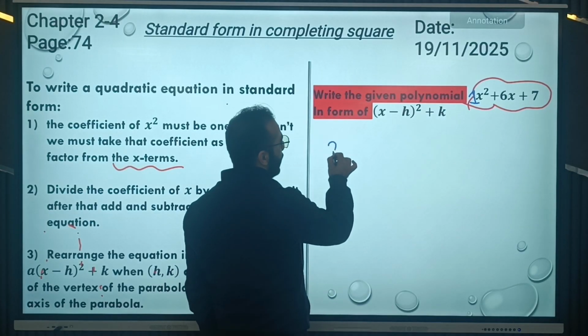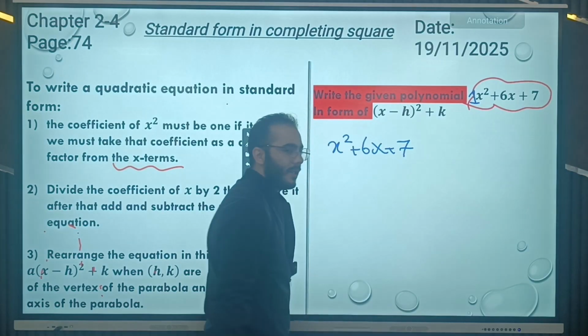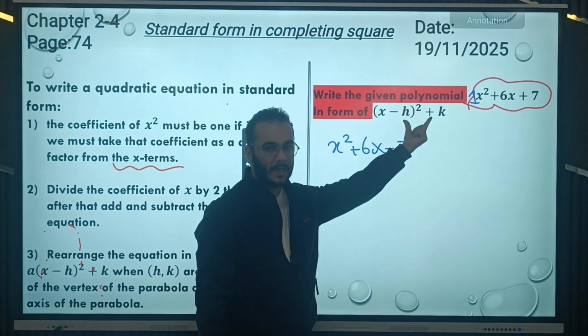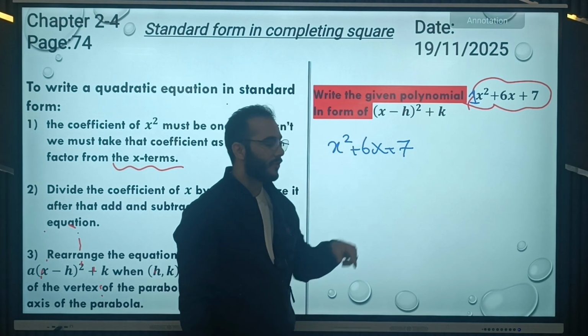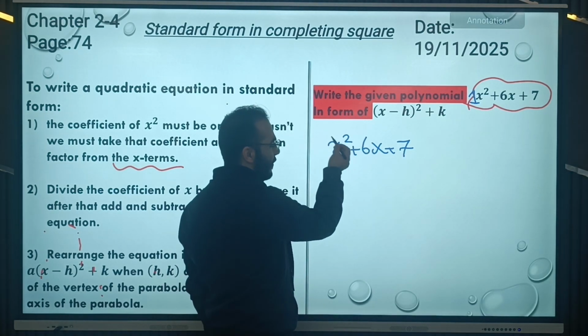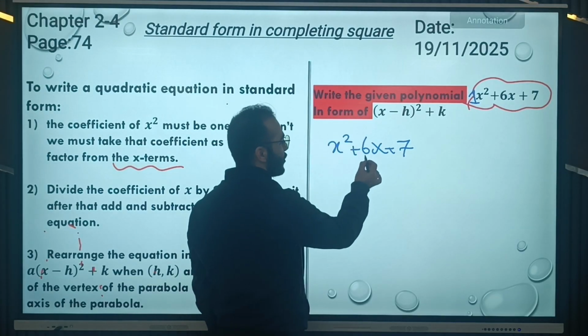Absolutely. So here, x squared plus 6x plus 7. The question is, turn this quadratic equation into this form. Just follow me. The first step, we said, check the coefficient of x squared. If it is 1, no problem, go to the second step. Here it is 1, so let's go to the second step.